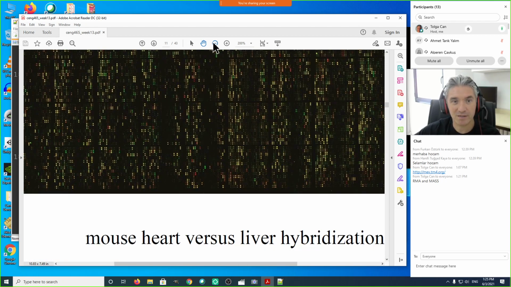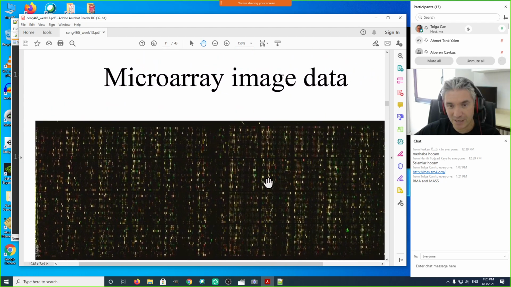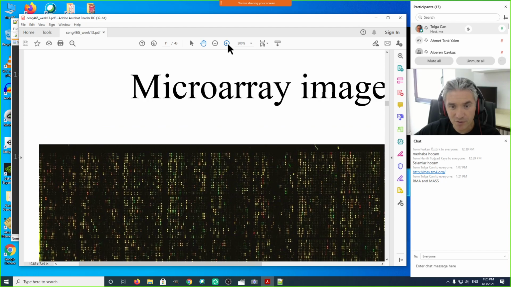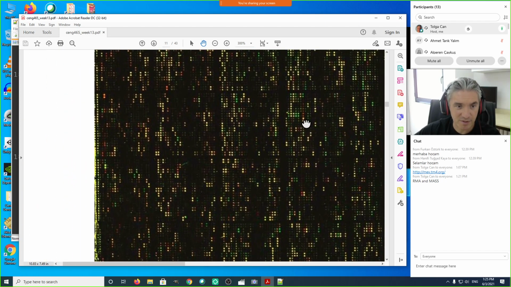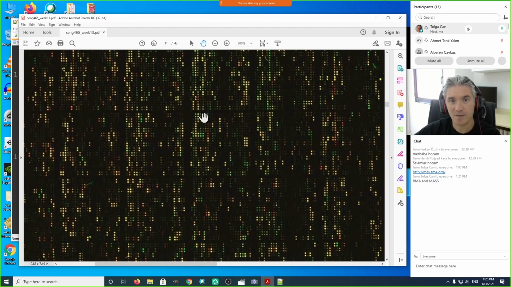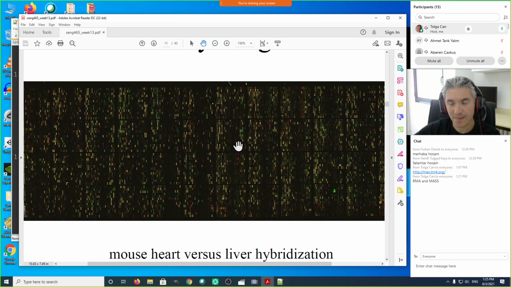Okay, so this is the microarray image result, and each of these spots may correspond to a particular transcript again. So lots of green spots, some red spots here, some other red spots. Okay, but the matrix-like organization of this chip has nothing to do with it.